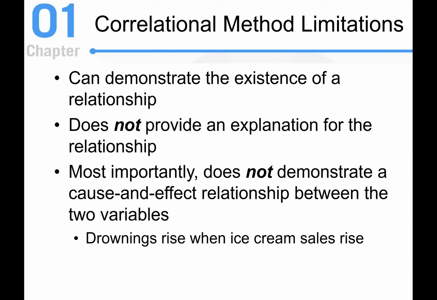There's a correlation between those two things, right? Drownings is a variable and ice cream sales is another variable. Obviously, drownings don't cause ice cream sales to go up, nor does ice cream sales cause people to drown. Again, we can't get that from a correlation.